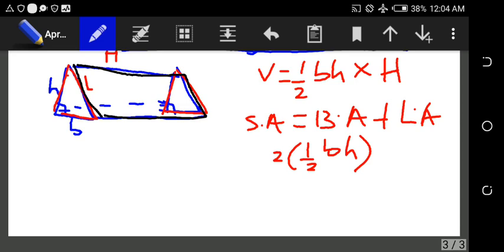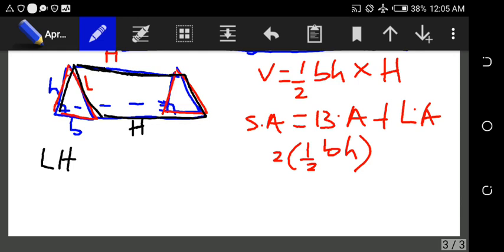So the length of this shape, we might call it h, while the breadth of it is the slant height L. So what we have here is L times h. So Lh is the area of this outer side facing us.